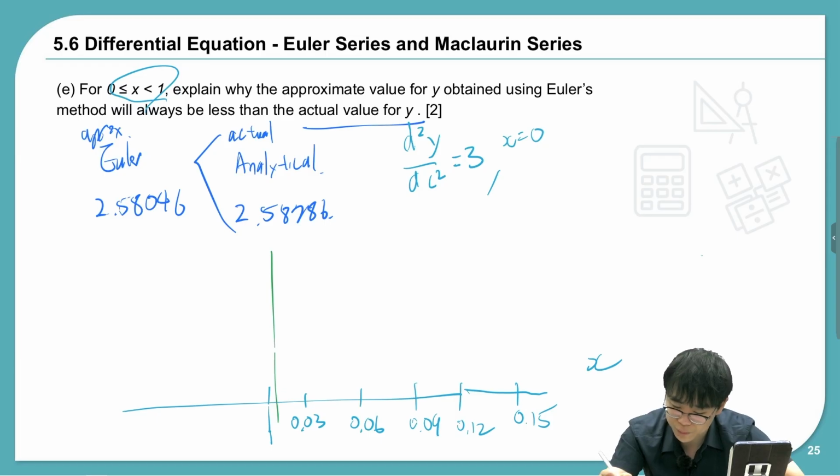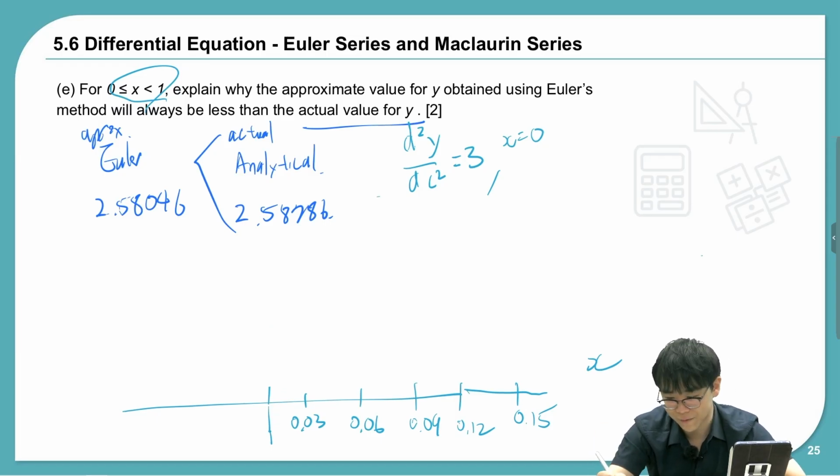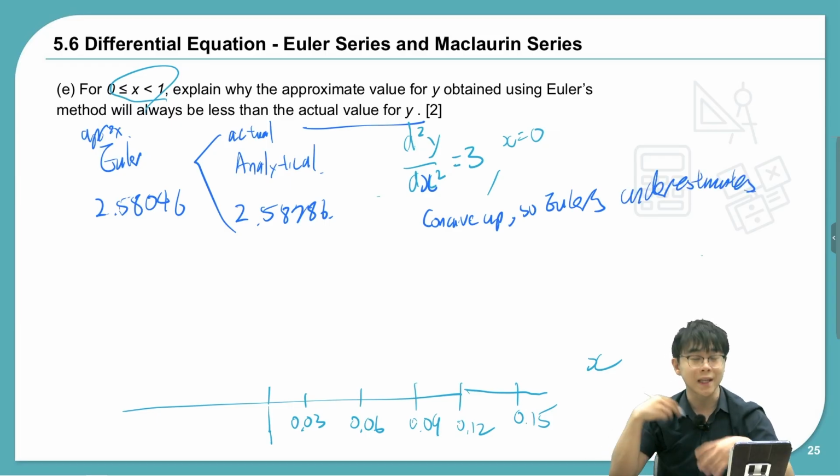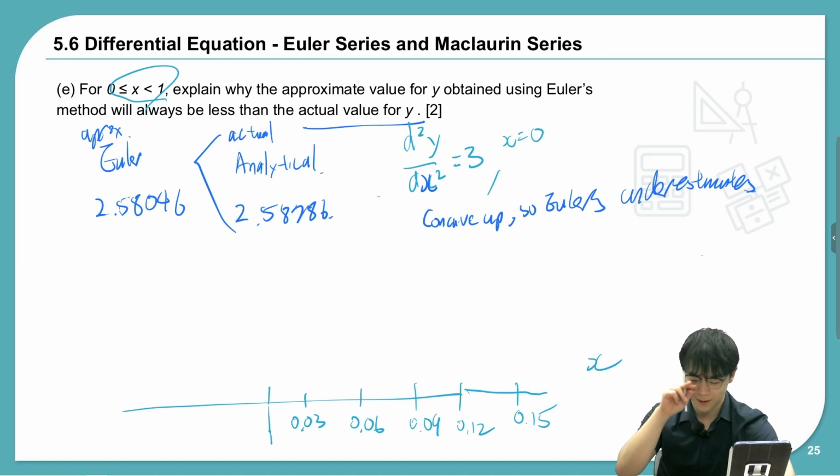So it's only worth 2 points, and on the actual test, what you have to write is, since d squared y over dx squared is greater than 0, we would say it's a concave up graph. Therefore, Euler's always underestimates, right? I mean, that's pretty much what you have to write, but to give you an actual, in-depth explanation of what's going on, this is what you need.